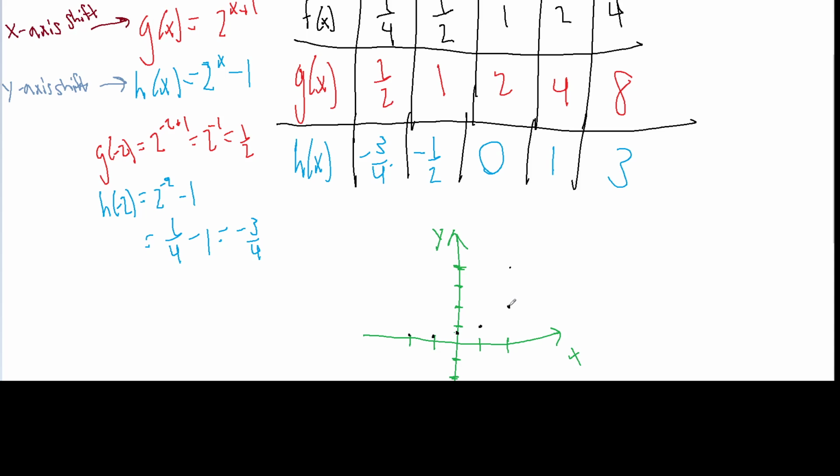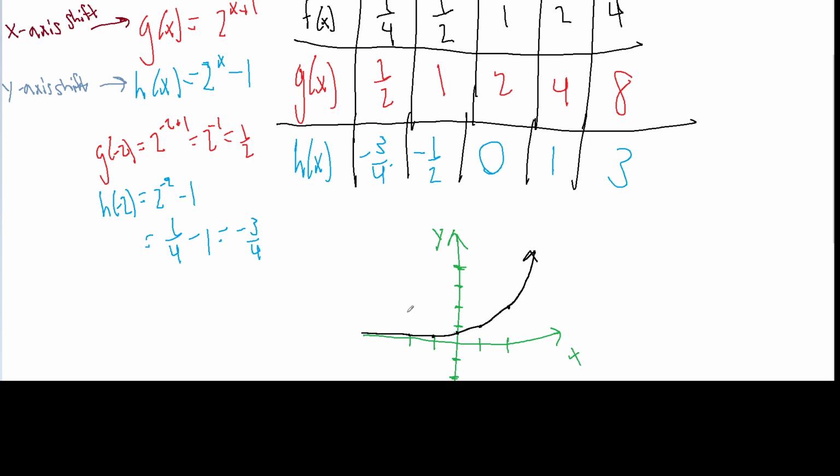I forgot I was going by 2s for a second there, so let me get rid of that black dot. And so if I draw the line for this, it would look like this, something like that.